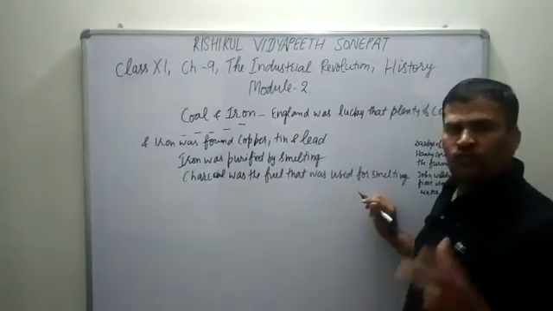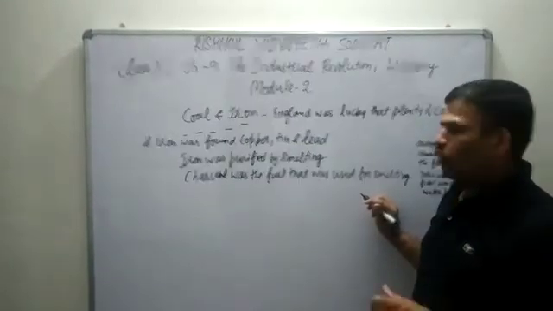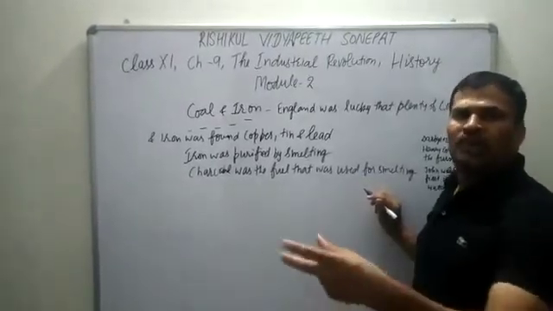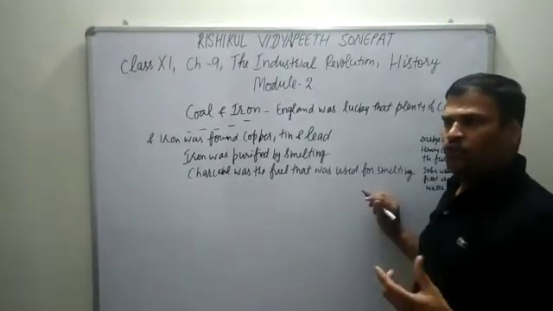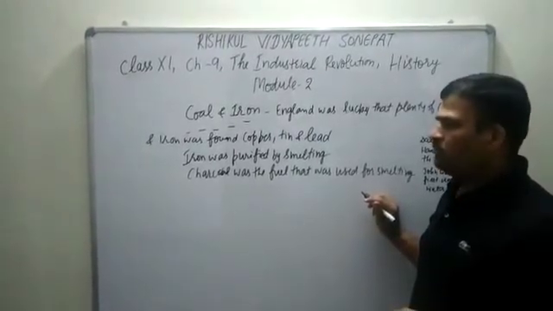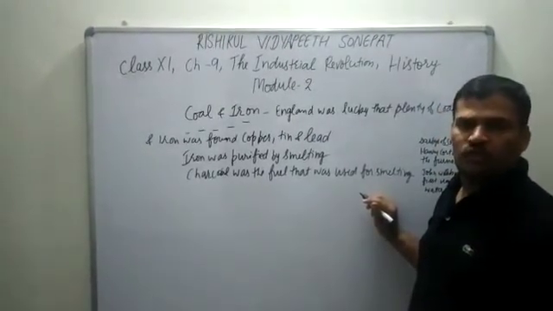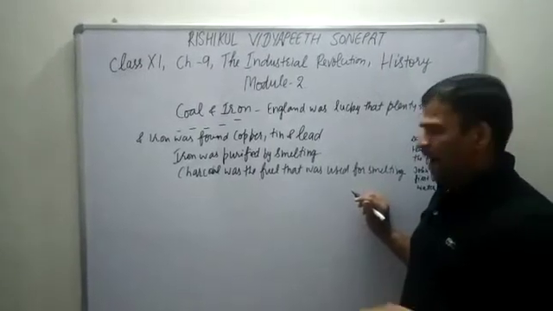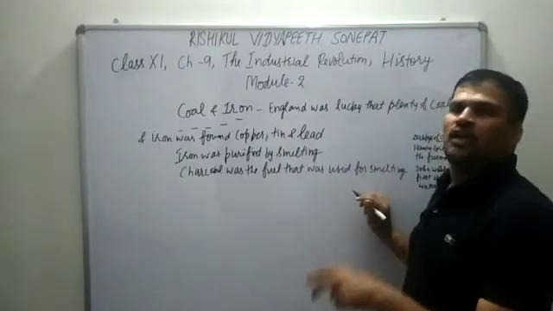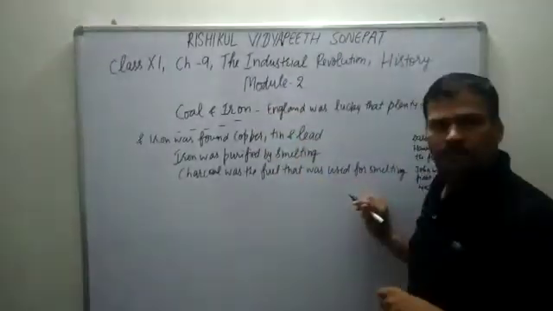Charcoal was also fragile, not easy to handle or carry from one place to another, and it produced a lot of smoke. So it was a complex process, and due to these reasons we were not getting good results of iron production.